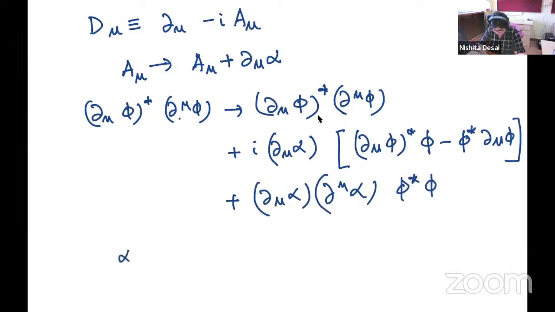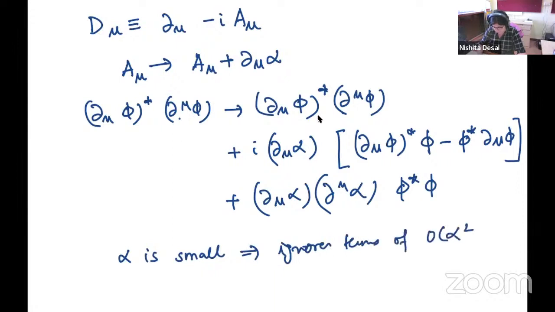So we say if alpha is small, you can ignore terms of order alpha squared. So the last term we can ignore. Okay. So that gives us these two terms, and essentially what we want is something to absorb exactly this guy here, which we do using this.